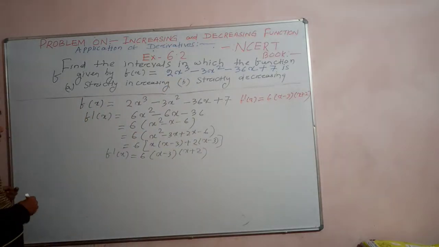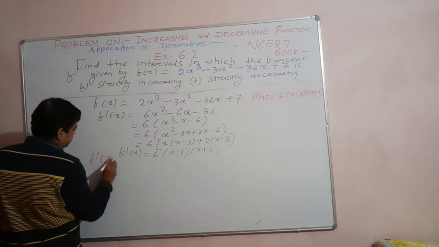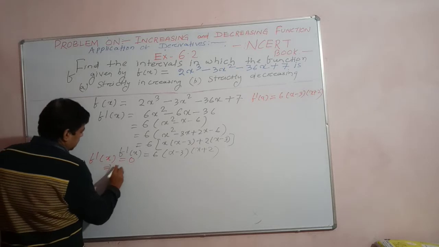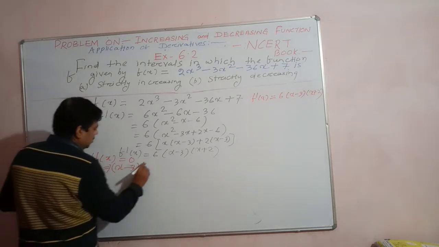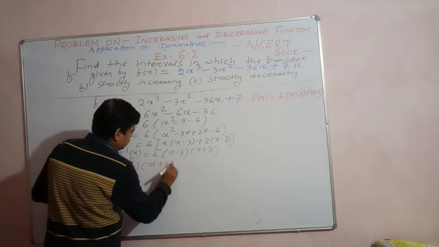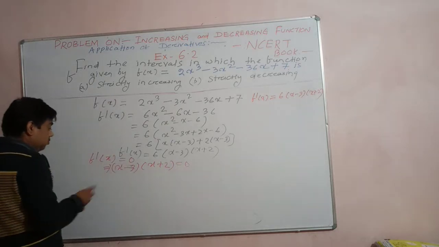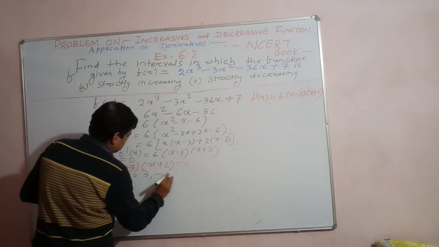Now, to find the increasing and decreasing intervals, let us equate the derivative f dash x to 0. Then after equating, x minus 3 whole into x plus 2 is equal to 0. So the values of x will be 3 and minus 2.